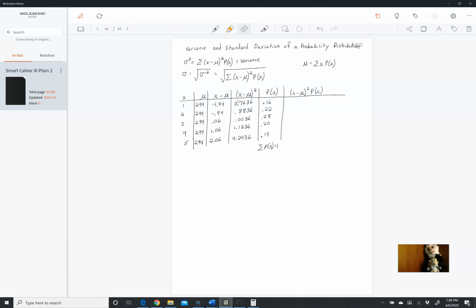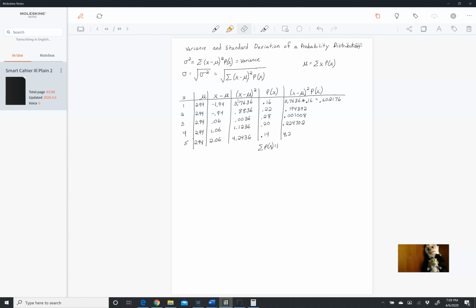I'll write it out for this column, but I won't do it for all of them. We're doing 3.7636 times 0.16, and we get 0.602176. Then when we multiply this one, we get 0.194392. Again, we're multiplying the last two columns. We get 0.001008, 0.224702, and then I'll write it again here.